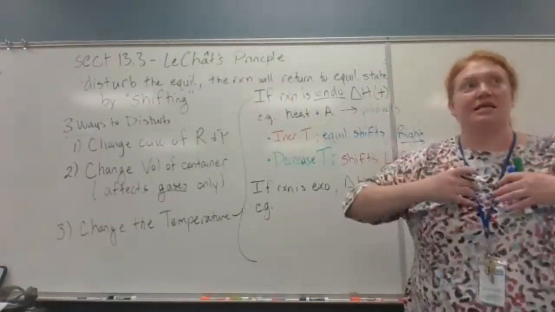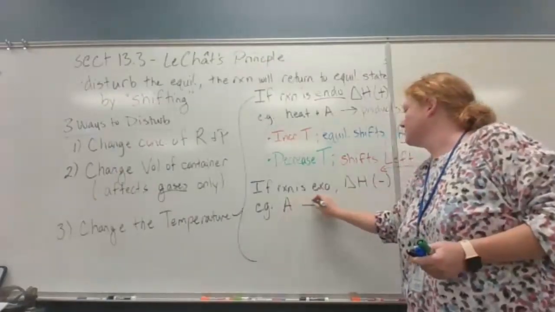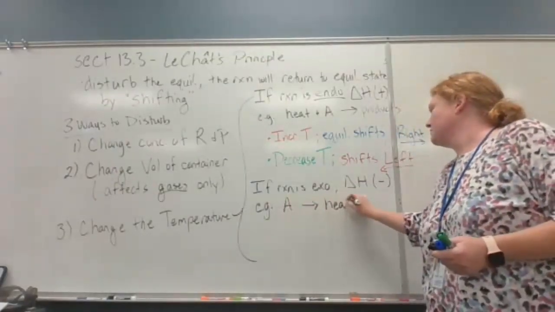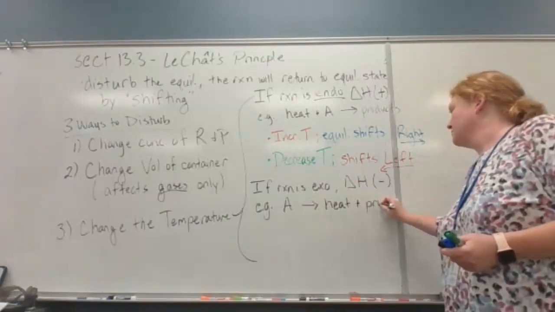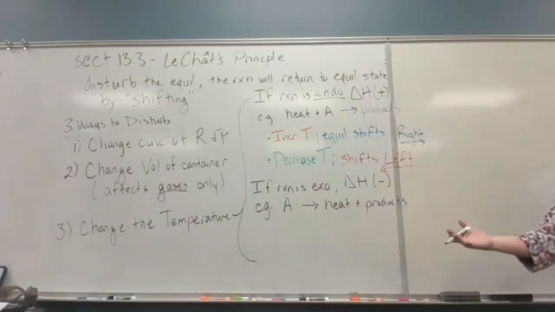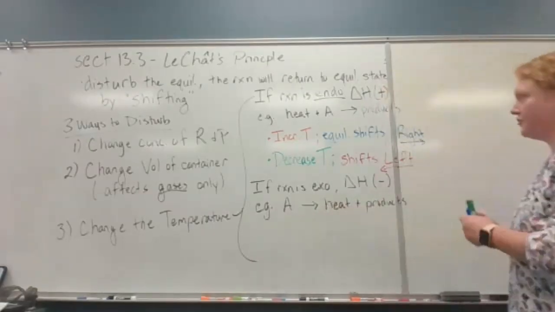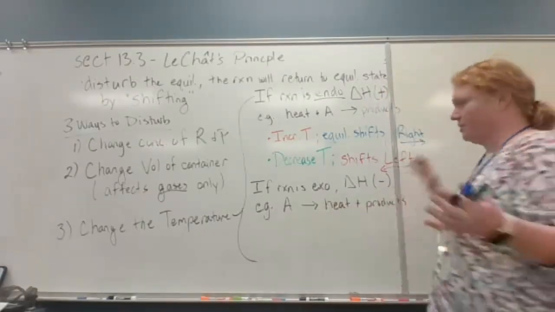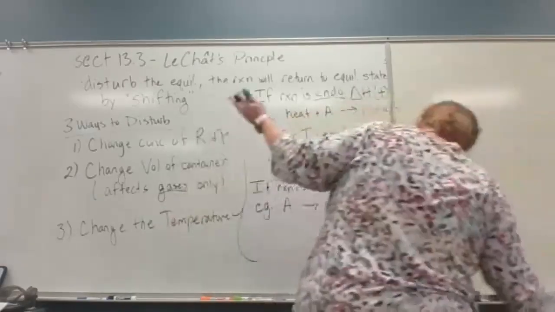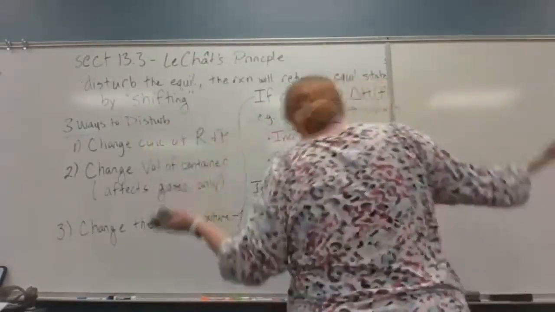Yeah, it's a product, right? Isn't heat given off? You think of heat as being on the product side. So if you increase the temperature and it's an exothermic reaction, too much heat, shift left.